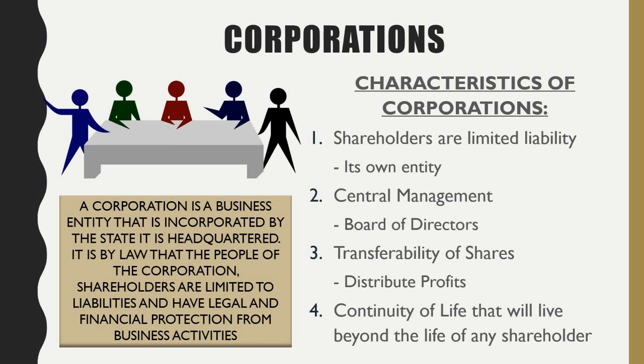Number 2, there's going to be a central management. So again, central management meeting. The shareholders are going to hold a shareholders meeting at the end of the year or whenever it is, preparing for the new year. They're going to elect individuals to become the board of directors, okay?